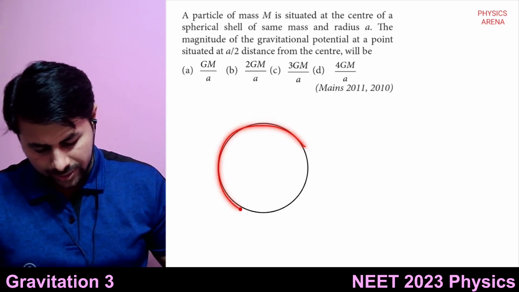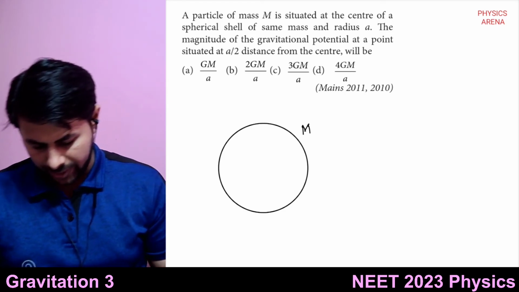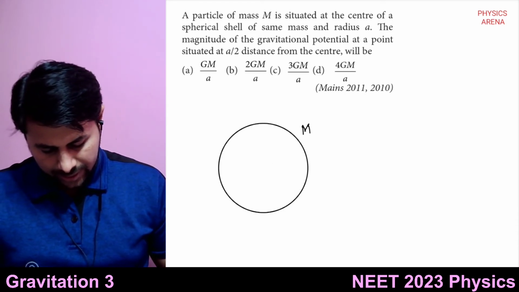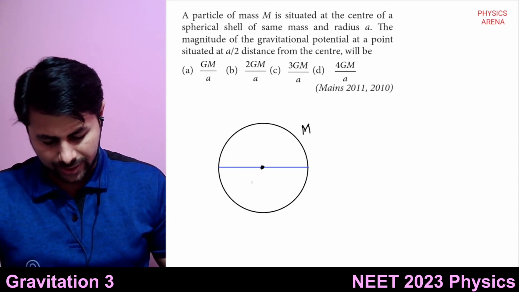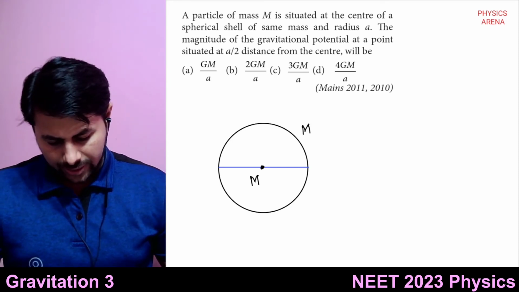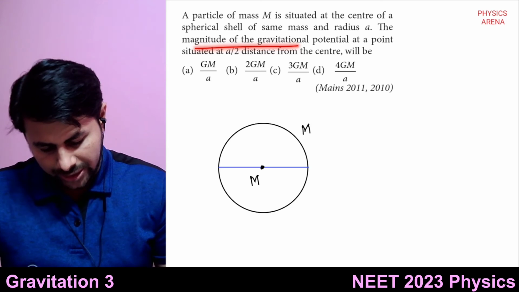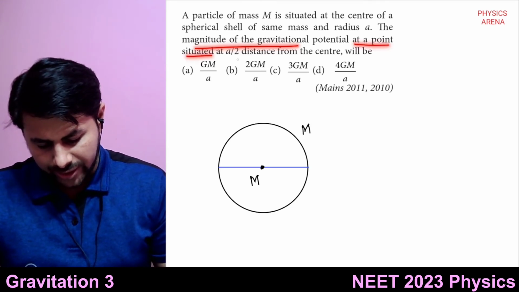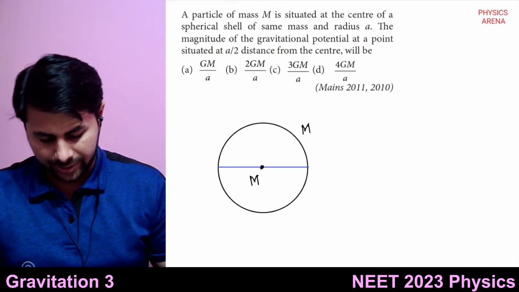Okay, so we have this shell and its mass is m. There is another mass at the center of the shell, and that mass is also m.